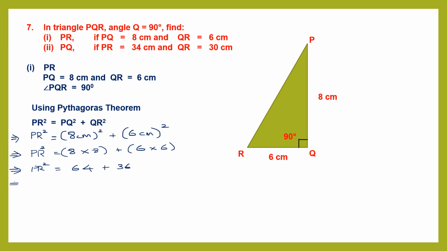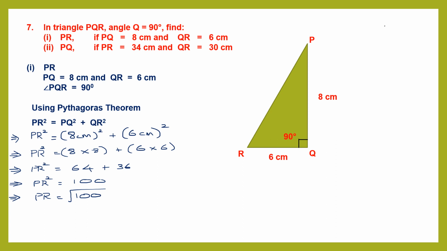So PR square is equal to 64 plus 36, which is 100. Now to find the value of PR, we have to find the square root of 100, which is a number which you multiply twice, you get 100. That is 10. 10 into 10 is 100.